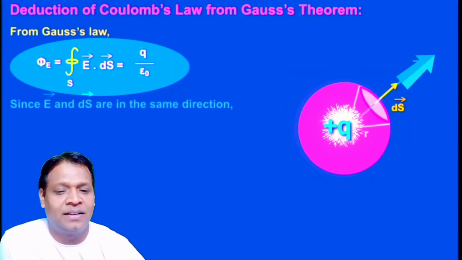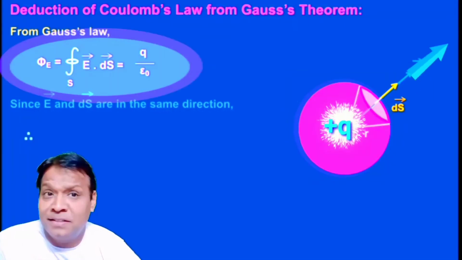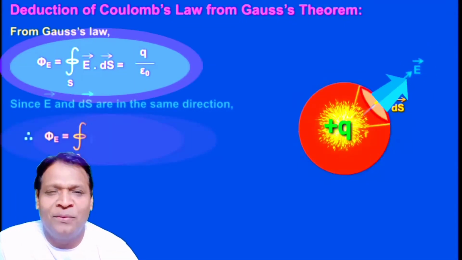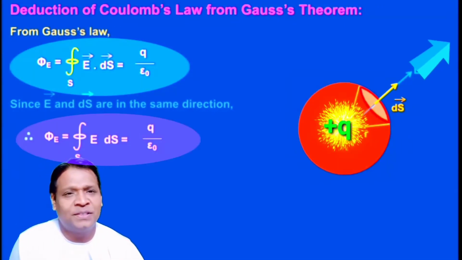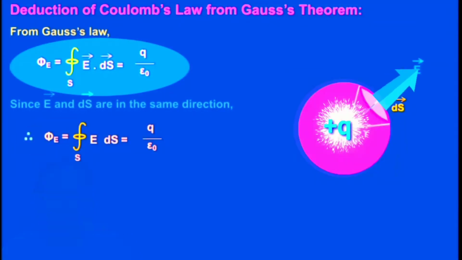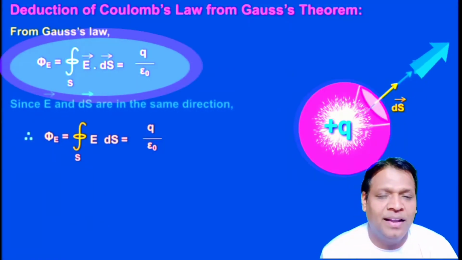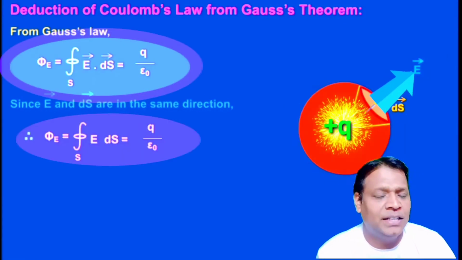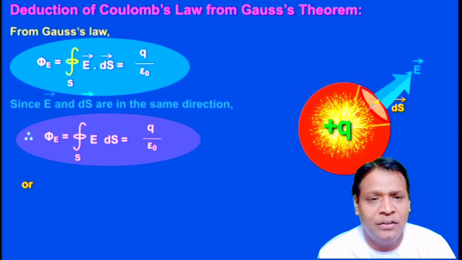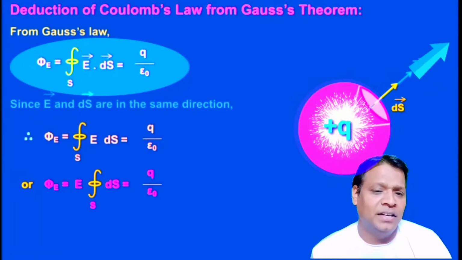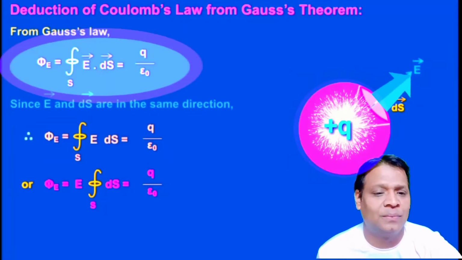Since E is uniform for every point on the surface, it can be taken out of the integral, and our expression becomes phi equals E times the integral of ds, equal to Q by epsilon naught.